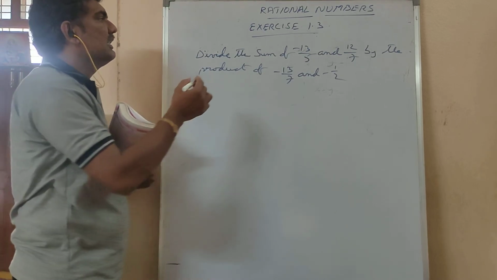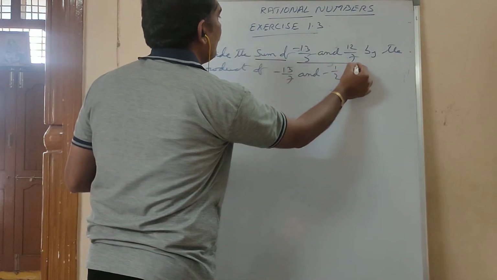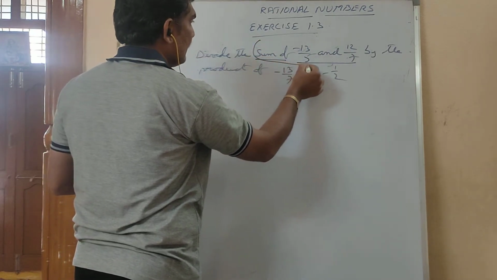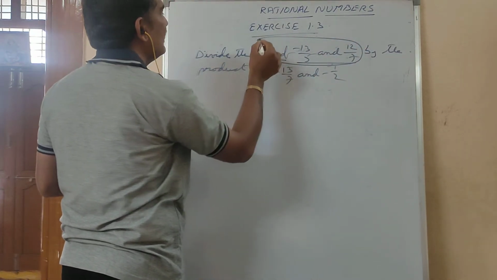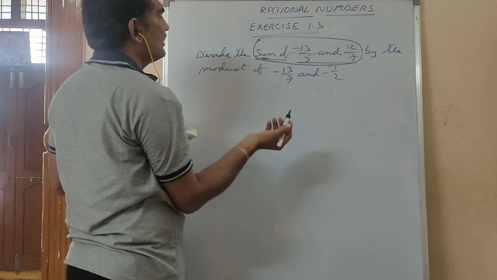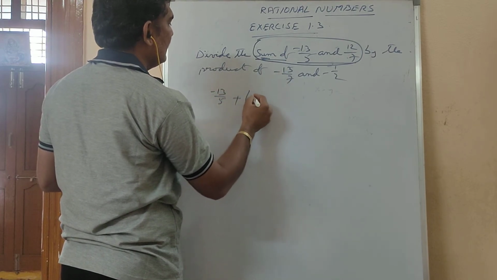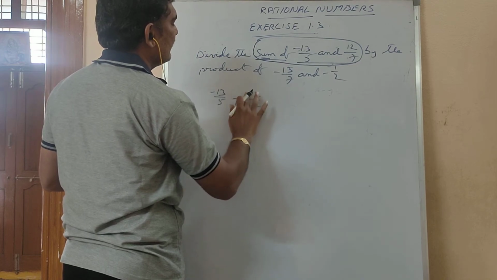So this is the sum of, and they have given two numbers. First we should simplify this. Sum means addition. So minus 13 by 5 plus 12 by 7.